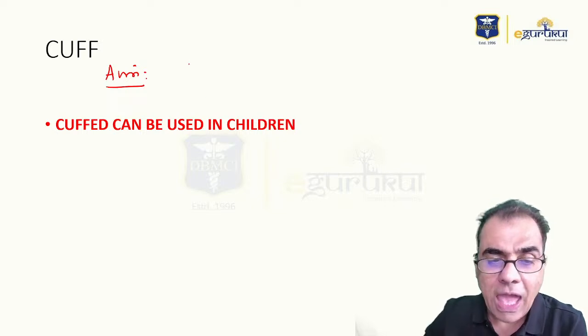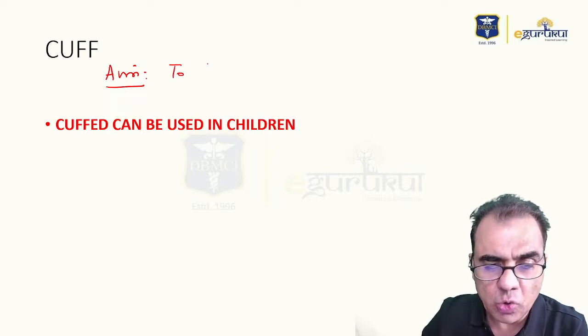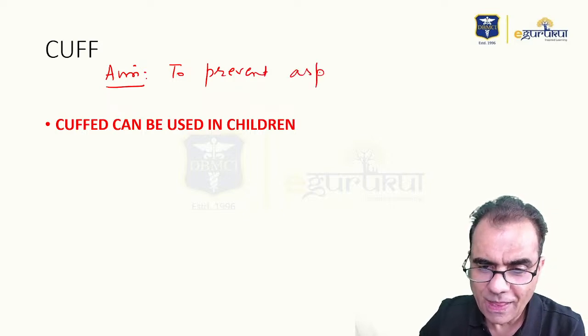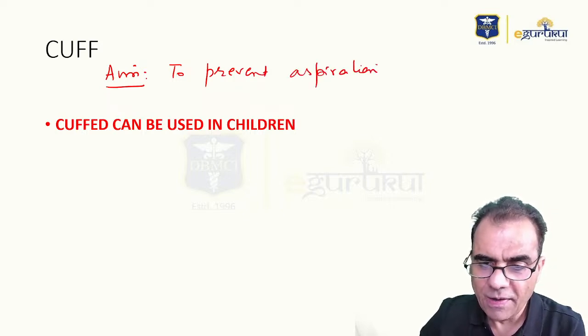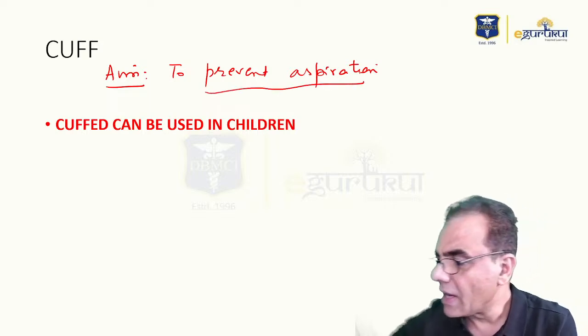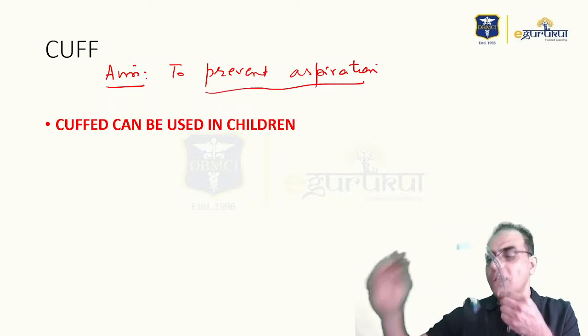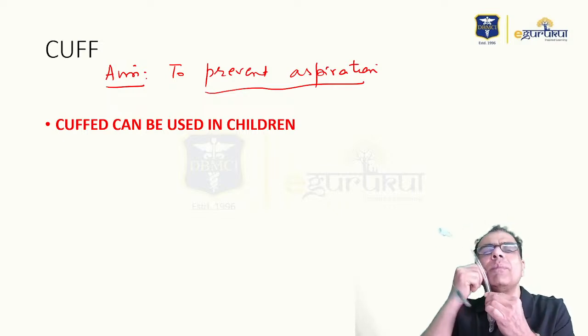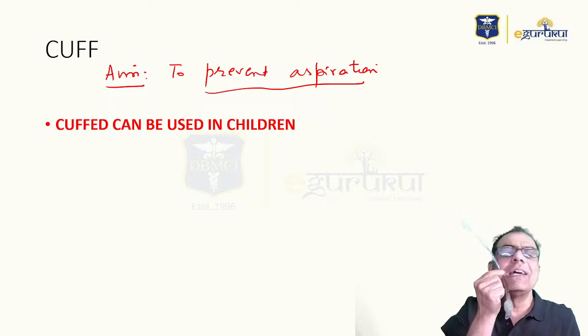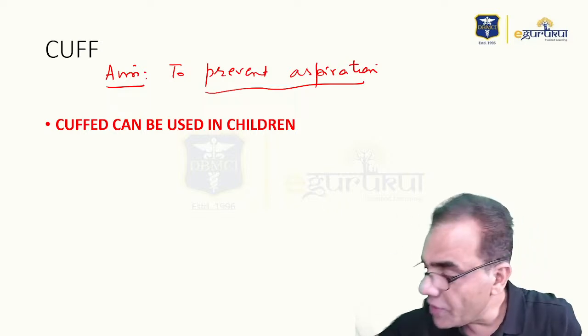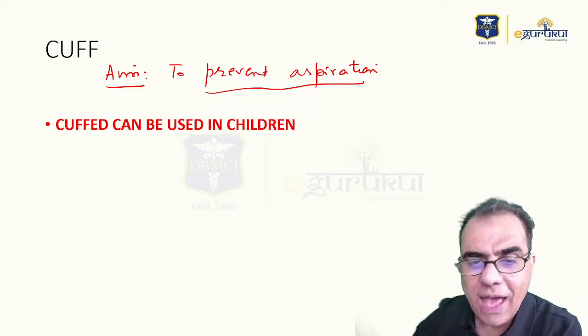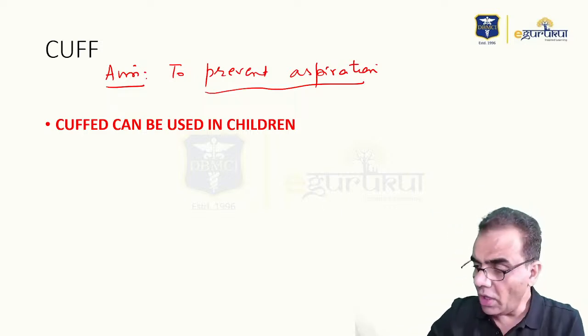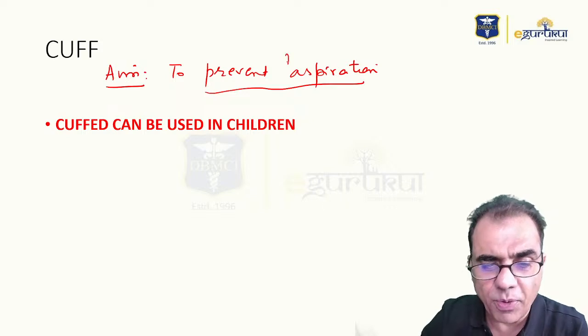No, the aim of the cuff is to prevent aspiration. Cuff is never used for fixation. For fixation of the tube, you have to secure the tube at the angle of the mouth with adhesive plaster or bandage. Cuff is only and only used to prevent aspiration.